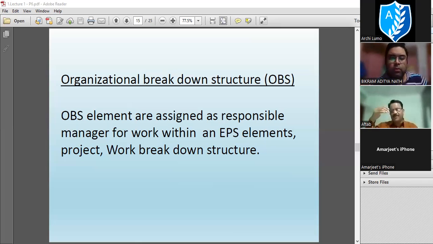Suppose a villa project we divided in 4 parts. All these 4 parts, one by one we are doing, and this way we are completing this villa project. So it is nothing but subdivision of our project into small workable components. This is about WBS. Under WBS, lots of activities are coming, just like in foundation or substructure.